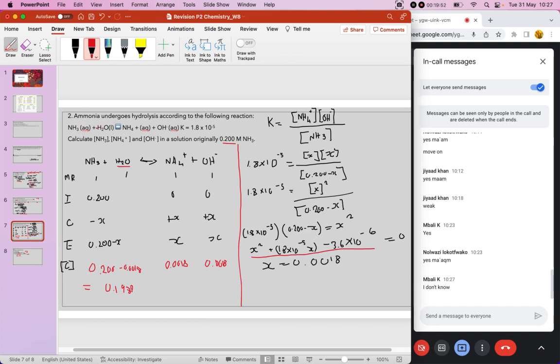As you can see, ammonia is aqueous, water is liquid, and the ions are aqueous, hence we're not including water, even on the table. I just put it so you can see that you cannot use water. The same applies when we go to our equilibrium constant expression. You cannot include water in your reactant, because it is in a liquid form. Do you see it, guys?